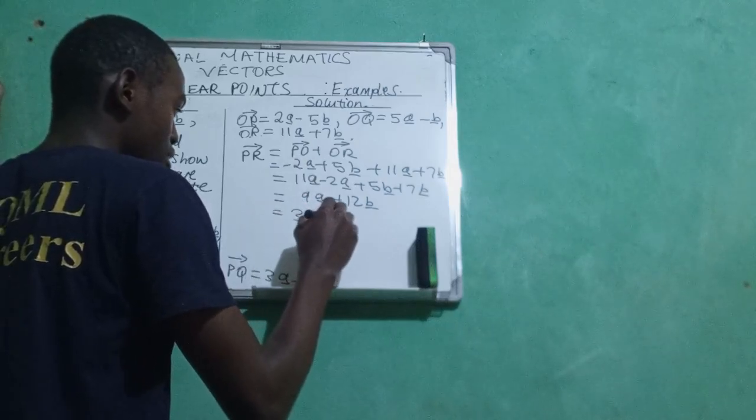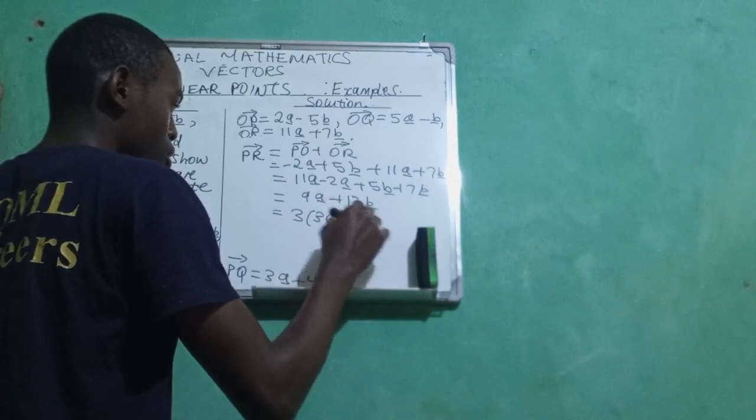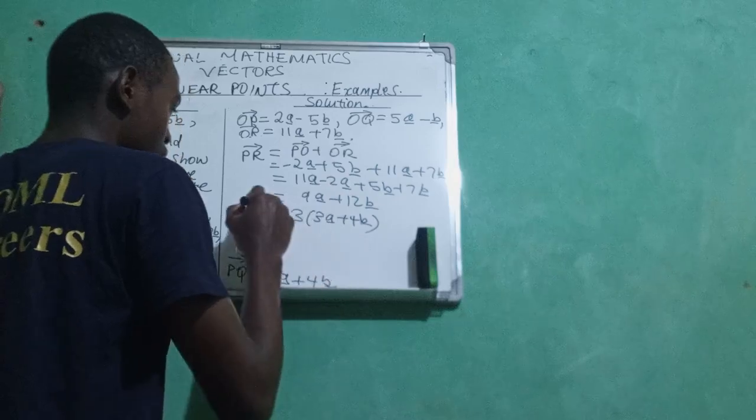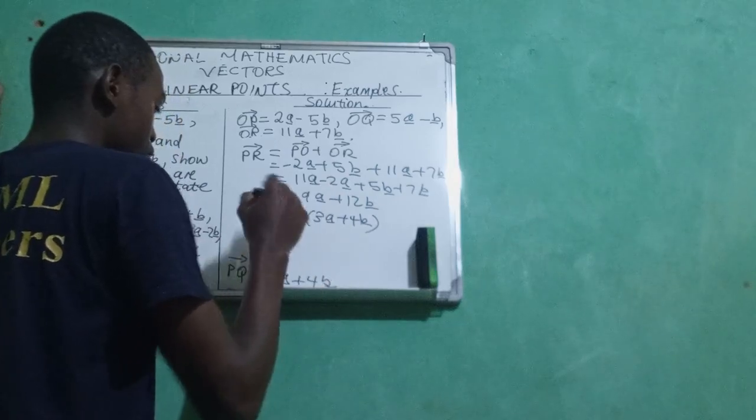That's 3 of vector A plus 4 of vector B. So PR is equal to that.